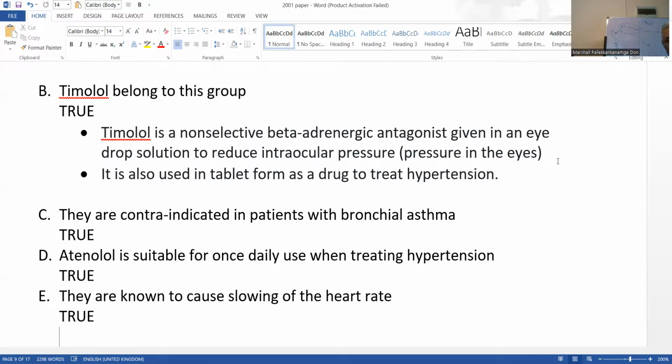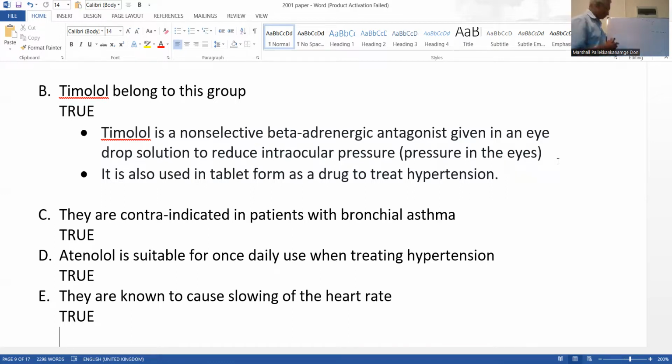They are contraindicated in patients with bronchial asthma. That is true, because all beta blockers have some effect on, there are selective and non-selective beta blockers. Selective beta blockers means they will affect only one type of beta receptor. Beta receptors are 2 types.